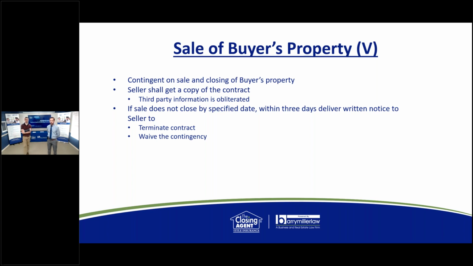So obviously it requires that the seller gets a copy of the contract for the sale of buyer's other property with the relevant information obliterated. We don't give out names or things of that nature. If the sale of the buyer's house doesn't close by the specified date in the addendum, the buyer can deliver, within 3 days of that specified date, notice to cancel or waiving that contingency.